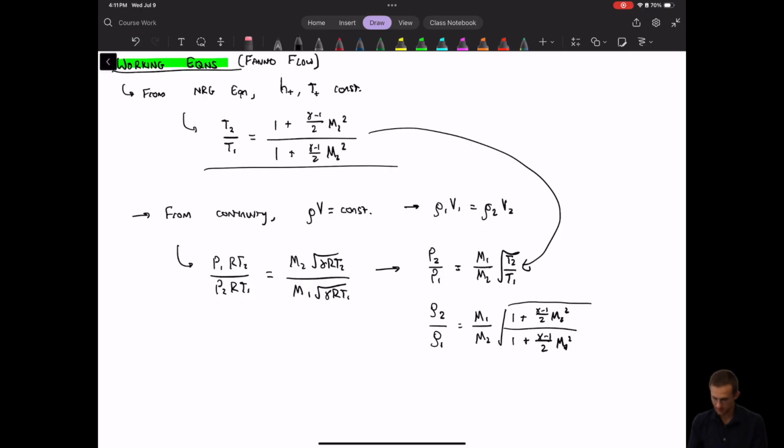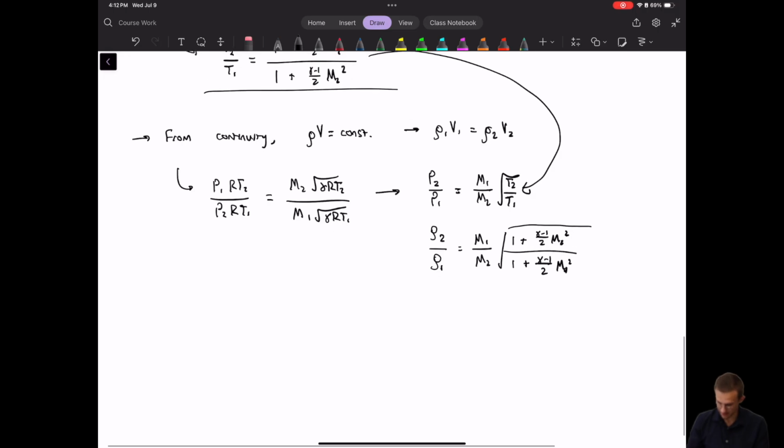Okay, so you'll notice that the T2 over T1 quotient essentially just got flipped between those two, just because of that ideal gas law equation of state, that's all. Okay, so those are two more working equations.